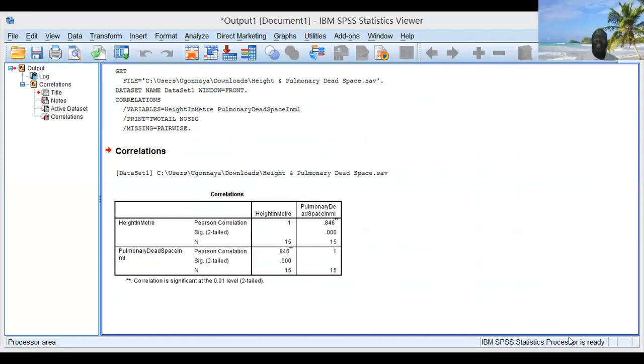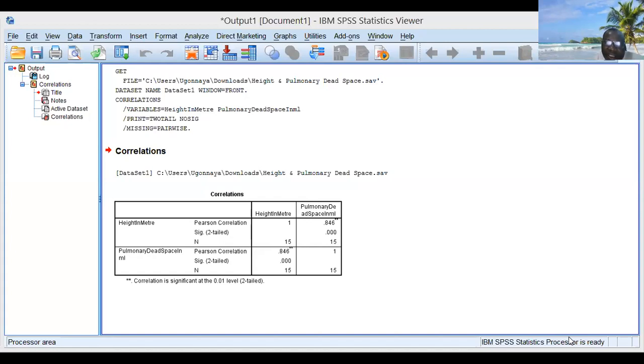You see, the software usually arranges correlation in a matrix, because if you are having many variables, that's how it will arrange them. This one has height and pulmonary dead space along the vertical, and height and pulmonary dead space along the horizontal. The first cell correlates height and height, so of course it will be 1. The second one correlates height and pulmonary dead space.